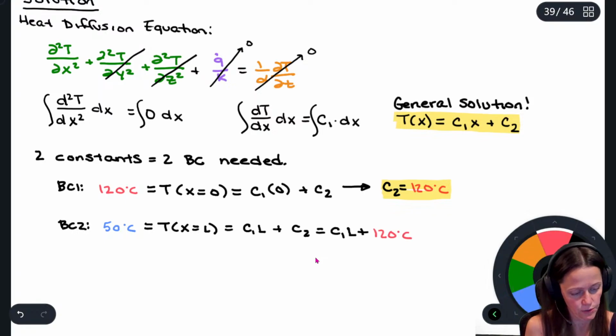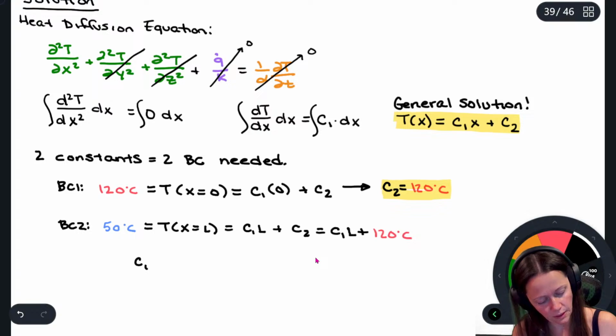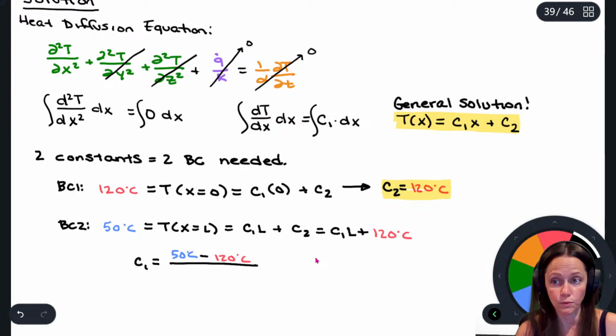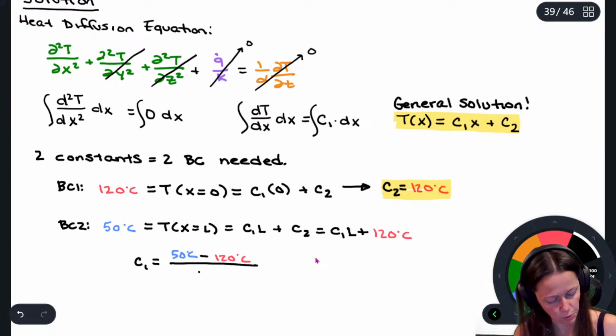All right, so looks like C1 is going to be 50 degrees Celsius minus the 120 degrees Celsius over L, which was 0.2 meters.